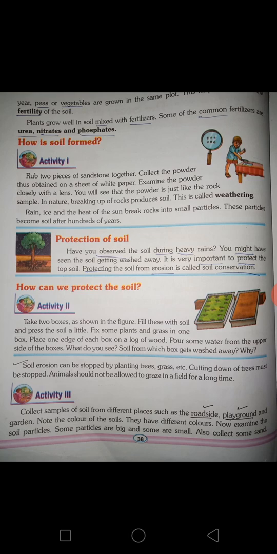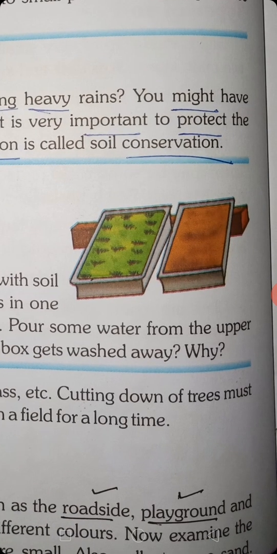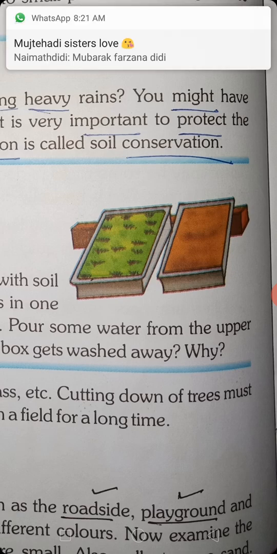What do you see? You can see clearly the soil from which box is getting washed away and why. Here, the first box which has grass and all, from that box the soil will not wash away. Got it? The next box.